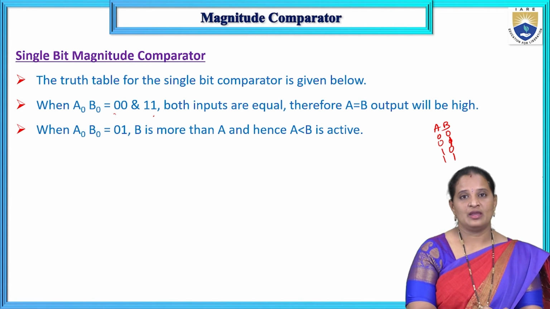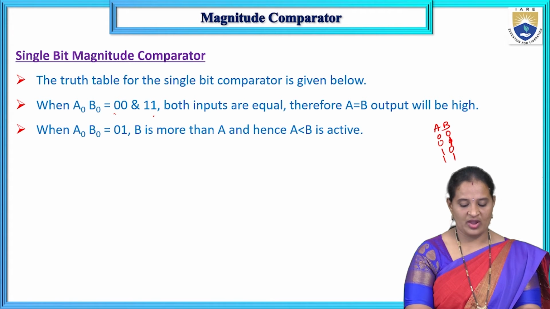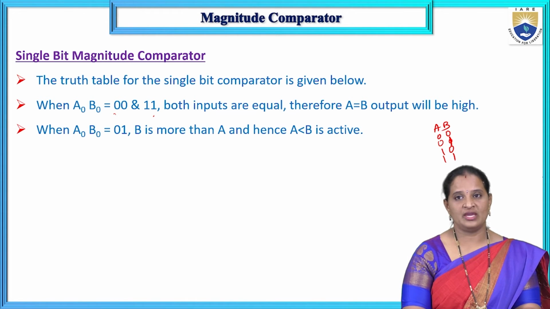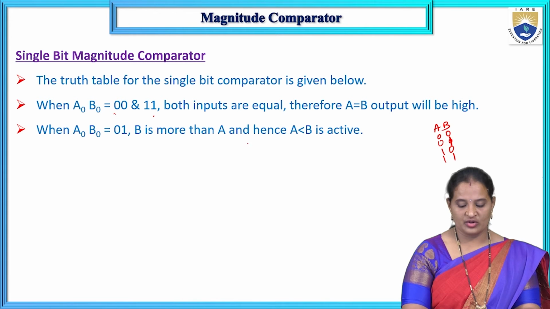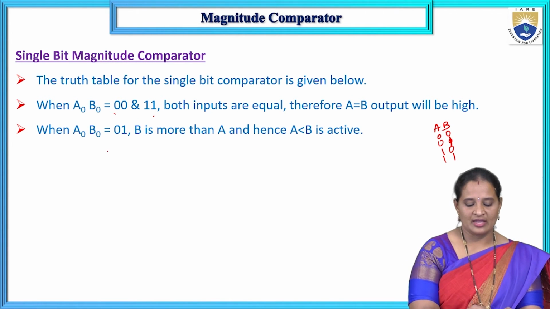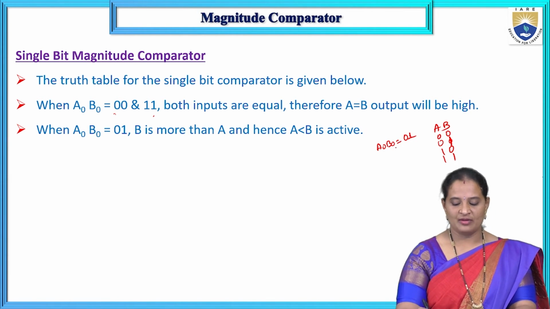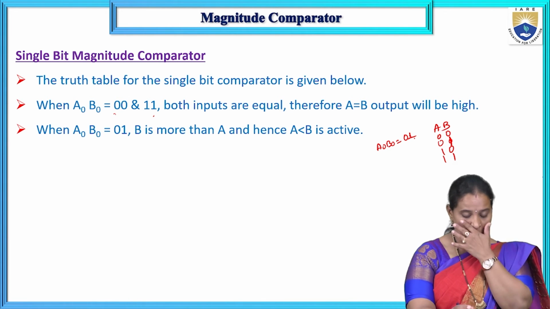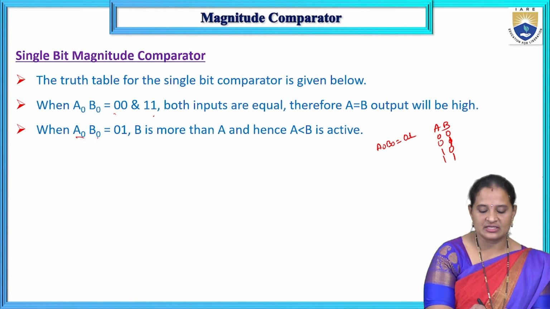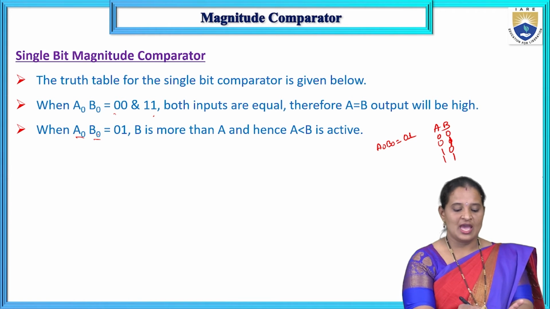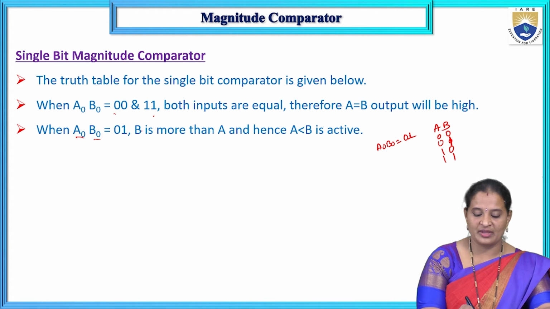And similarly, A naught, B naught equals 0 1, and B is more than A, and hence A is less than B. Here, these are the two single bit numbers, as A naught is 0, where B naught is 1.